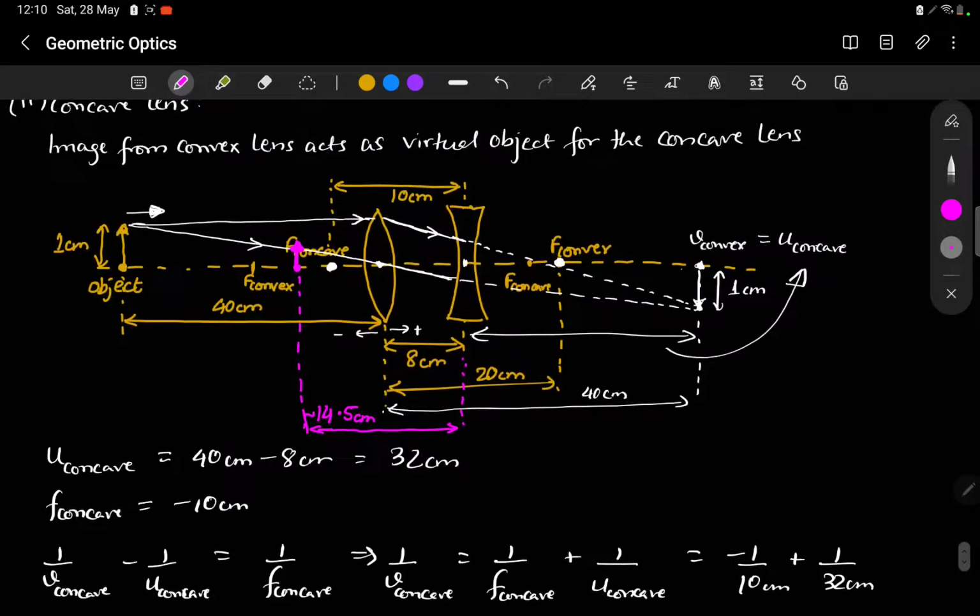So if we draw the diagram once again, the final diagram.